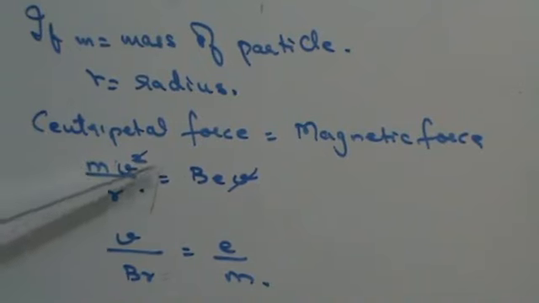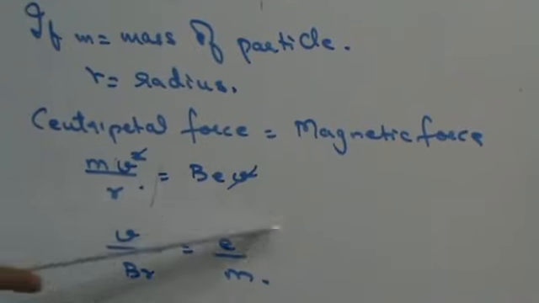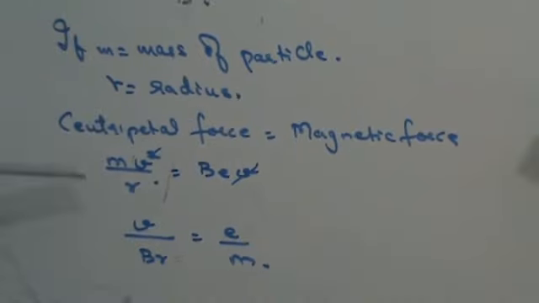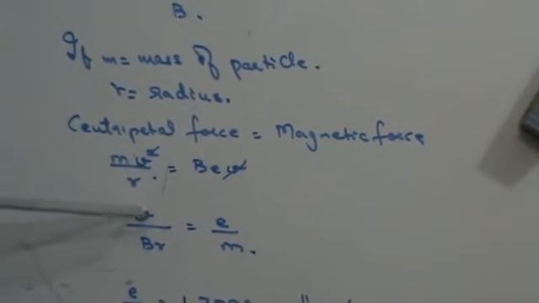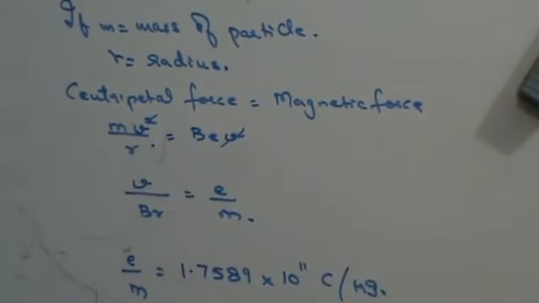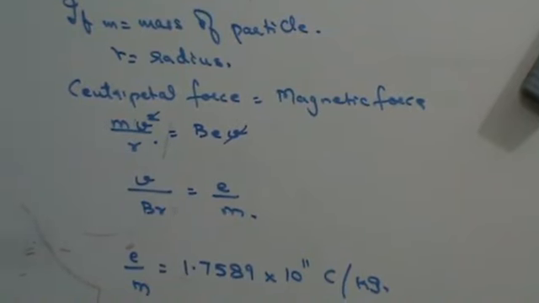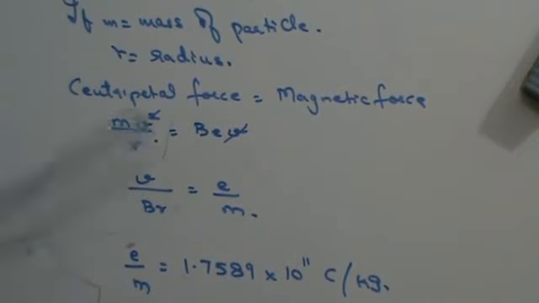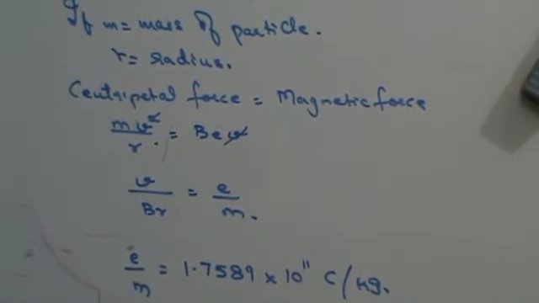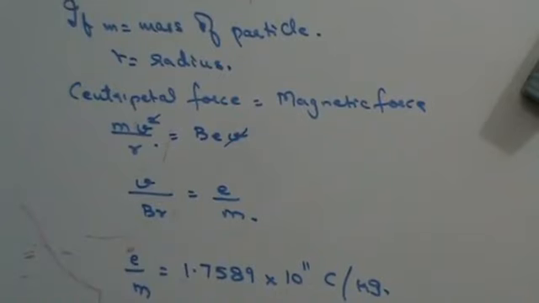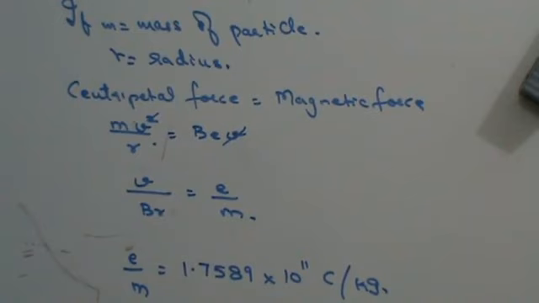Therefore, mv square upon r is equal to Bev. Therefore, v upon Br is equal to e upon m.